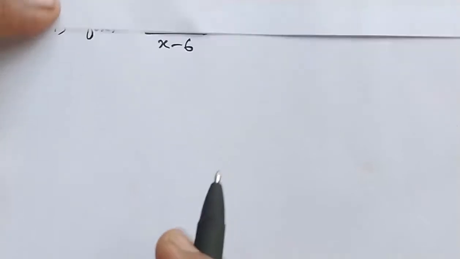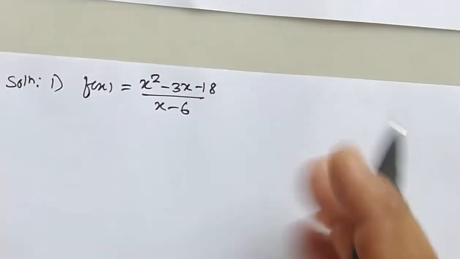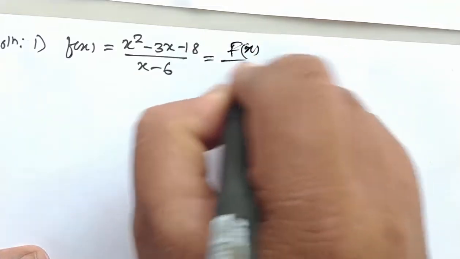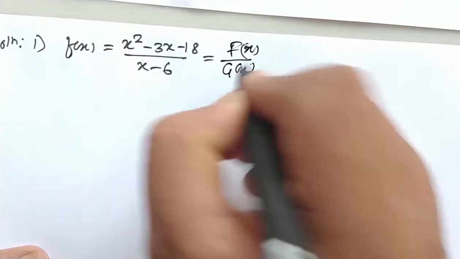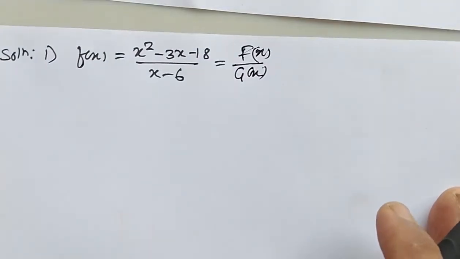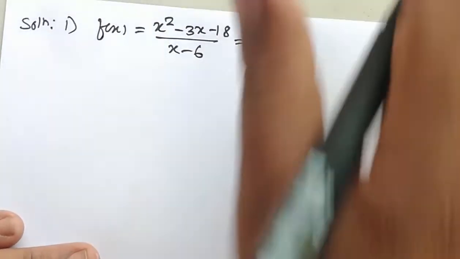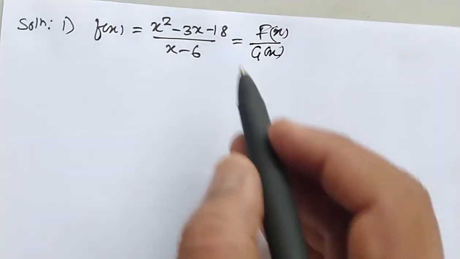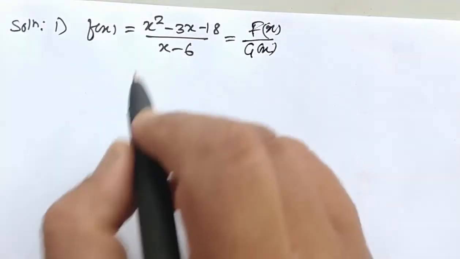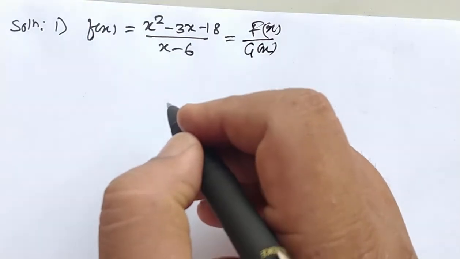This is a function of the type f of x divided by g of x, which means it is a rational function. A rational function is continuous except at the points where the denominator is 0. The denominator becomes 0 when x is equal to 6.